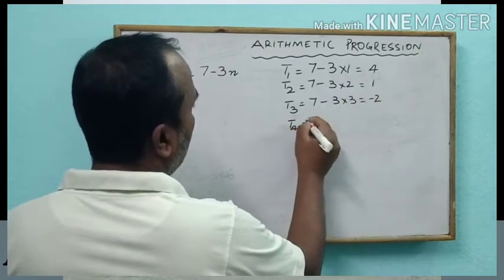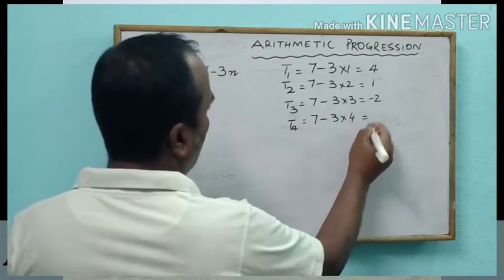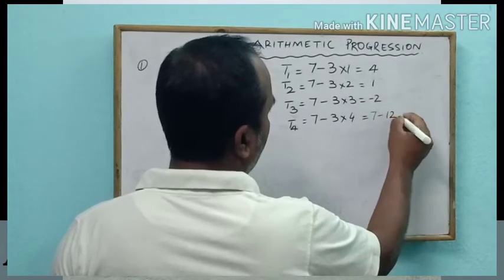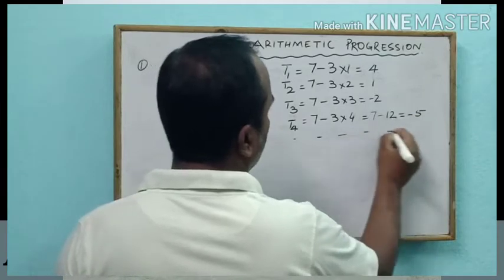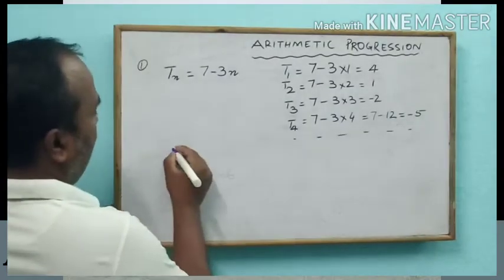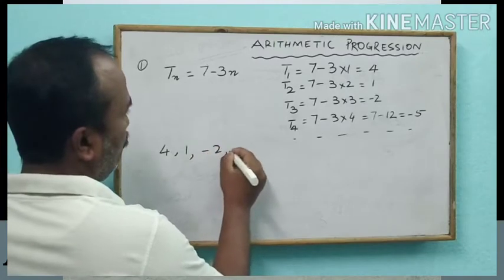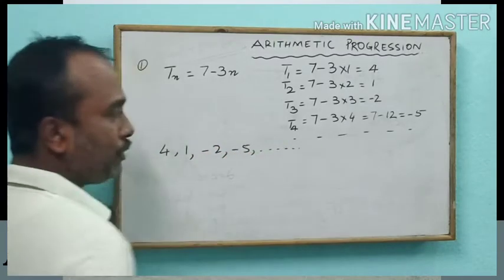T4, 7 minus 3 into 4, 12, 7 minus 12, that is minus 5, and so on. So the AP is 4, 1, minus 2, minus 5, and so on.